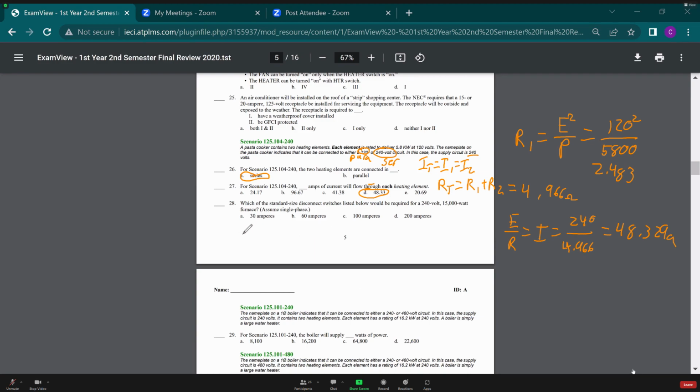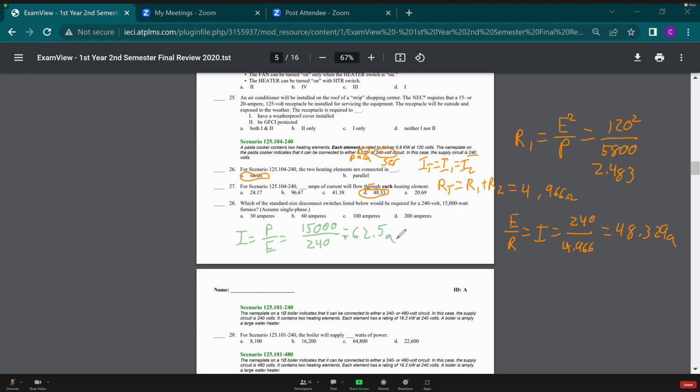So if we want to find amps, we're going to take P divided by E, 15,000 watts divided by 240 volts. I got 62.5.